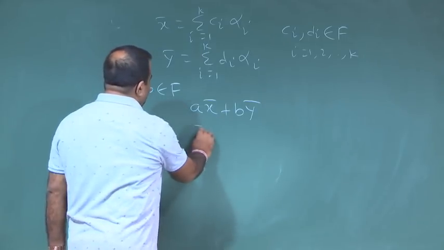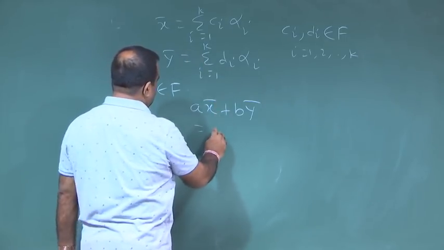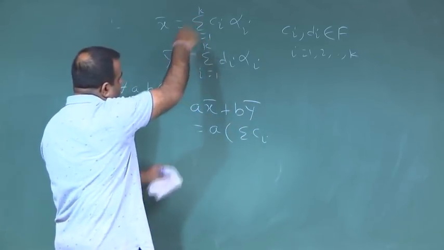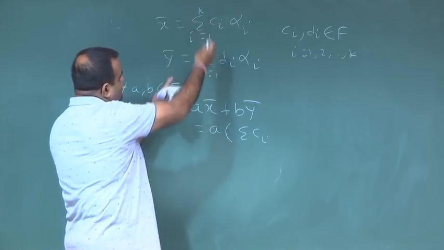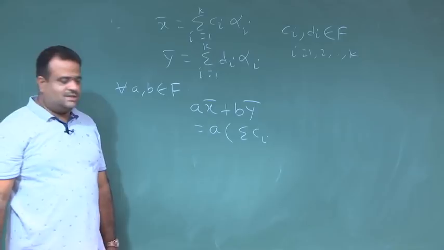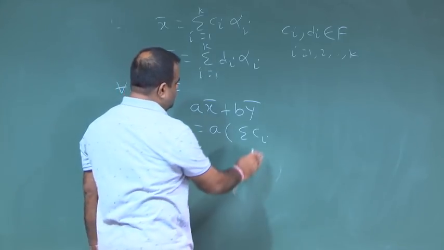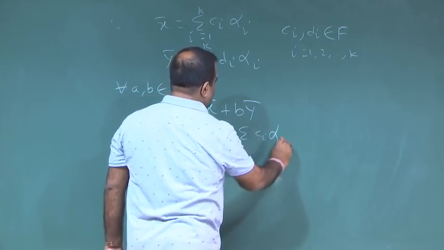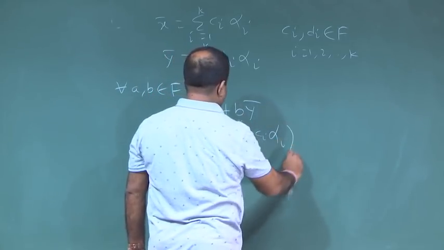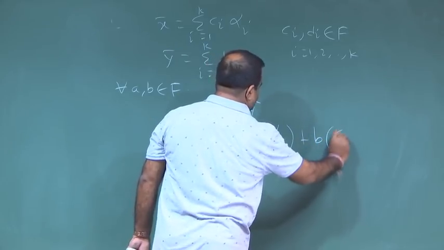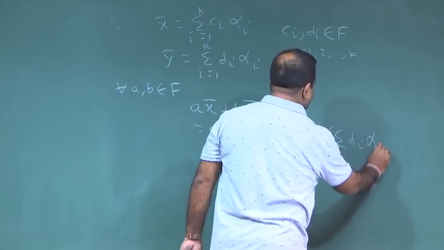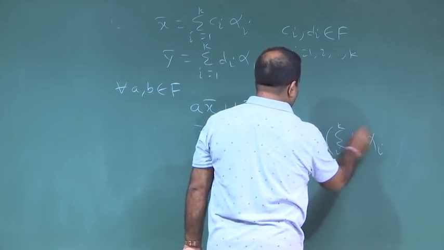So, this is nothing but a times the summation of c_i alpha_i, i equal to 1 to k, plus b times the summation of d_i alpha_i, i equal to 1 to k.